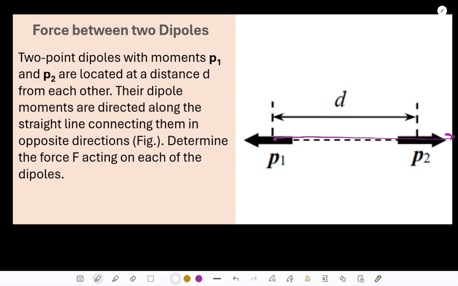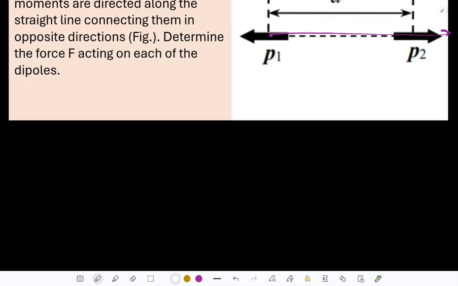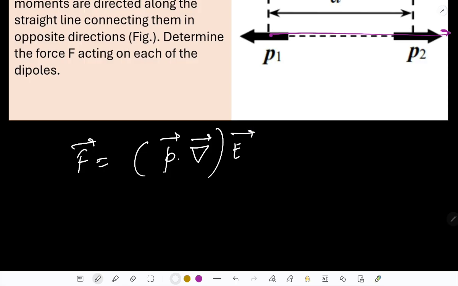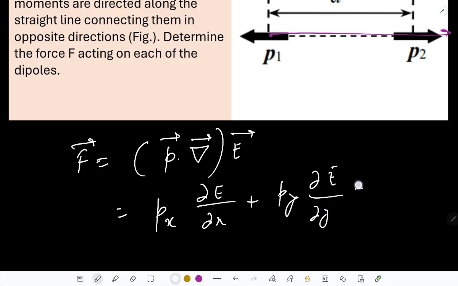But we have a general formula that the force acting on the dipole moment P in an external electric field E is given by the formula F equals P dot grad, P dot gradient vector, multiplied by E vector, and the result is simply Px del E by del x plus Py del E by del y plus Pz del E by del z.